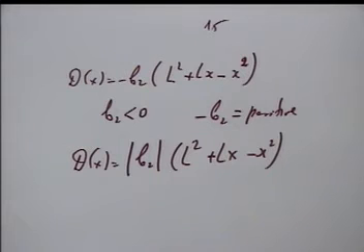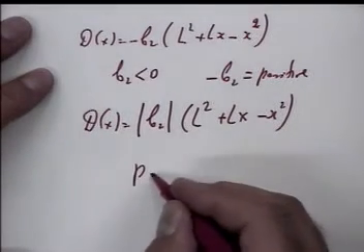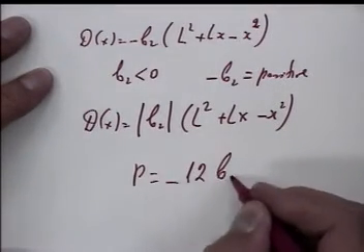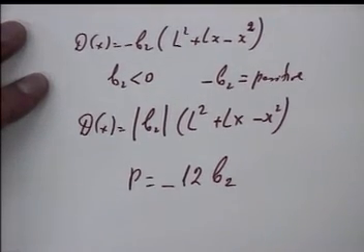Now, how much is the buckling load? We had this: P equals minus 12 B2, we said.